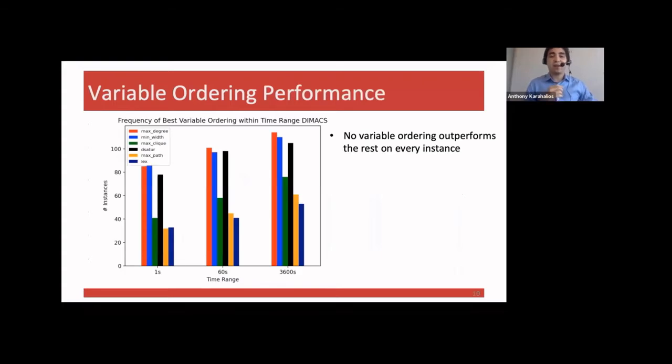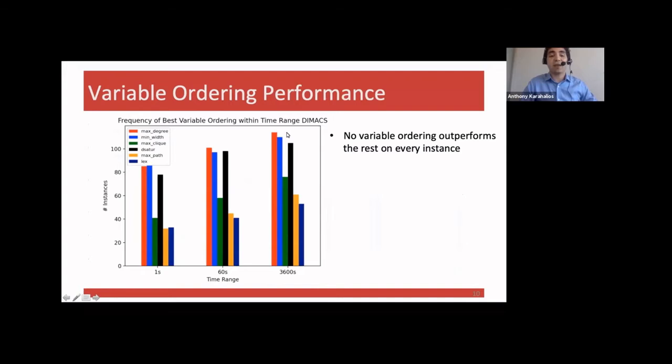And we ran the decision diagram based algorithm on all the DIMACS instances using each of these variable orderings. And here we graph the frequency that a variable ordering achieves the best lower bound of any of the variable orderings at a few different time points.